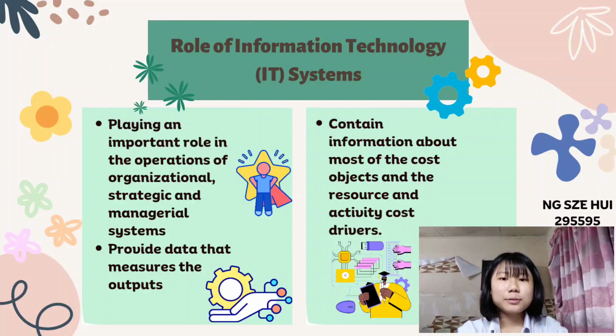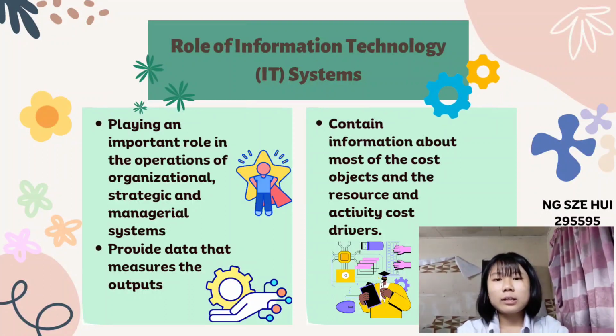IT systems must also provide data that measures the outputs. Next, the organization's IT system should contain information about most of the cost objects and the resource and activity cost drivers. This data is crucial for accurate cost allocation, analysis, and decision making within the ABC or ABM framework.